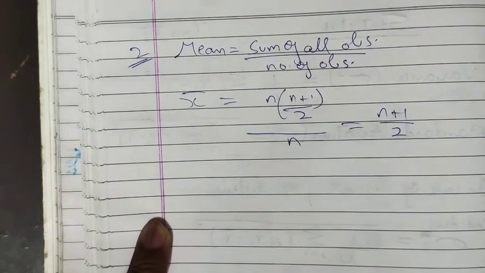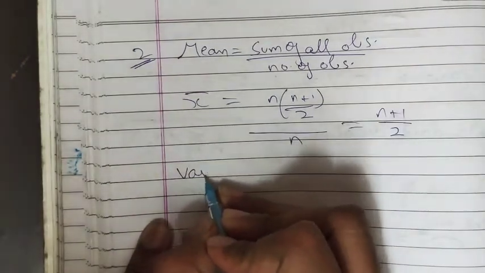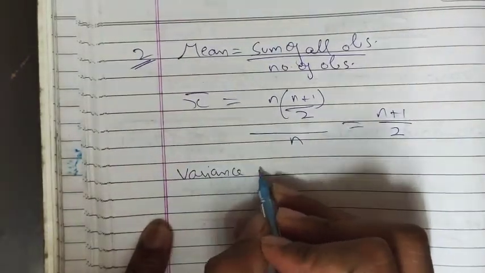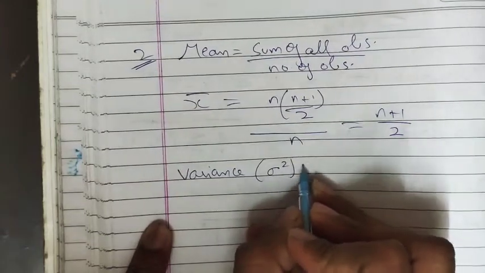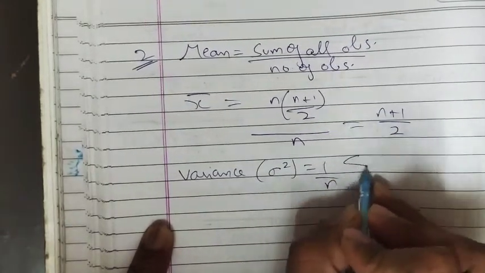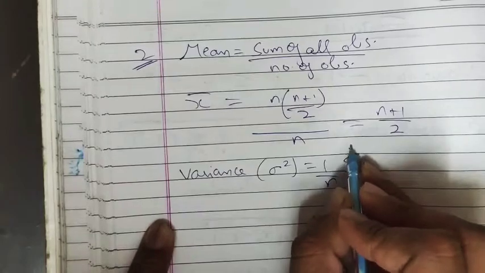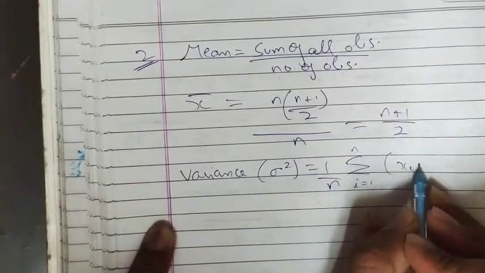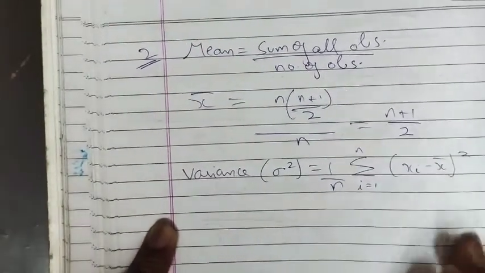Mean we have determined. Now variance we also have to determine. Sigma square is equal to 1 upon n sigma i equal to 1 to n xi minus x bar whole square, right?